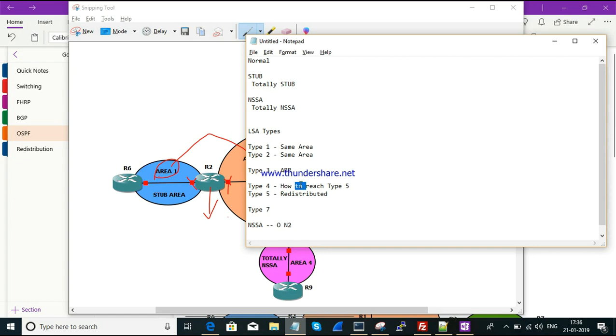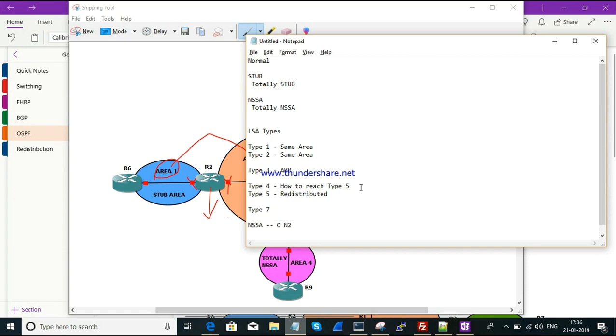Next is type 4. What does type 4 mean? If you want to reach that redistributed information, you need to move out of OSPF in order to reach it. So you should know about an exit point of OSPF, and that exit point will be given by type 4 LSA.